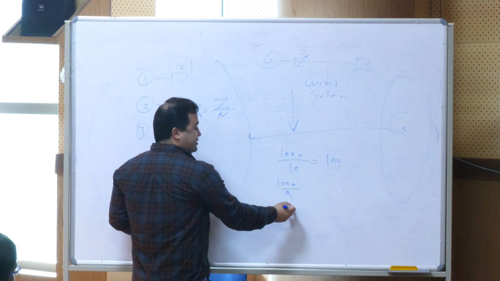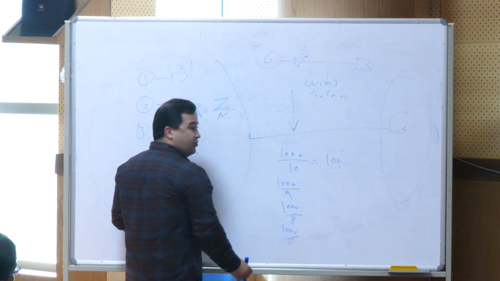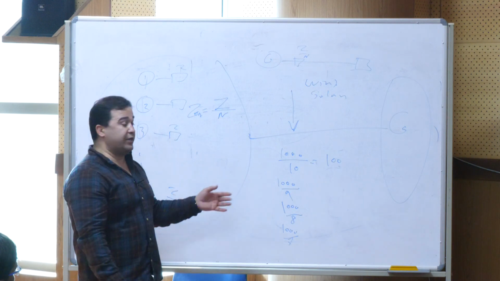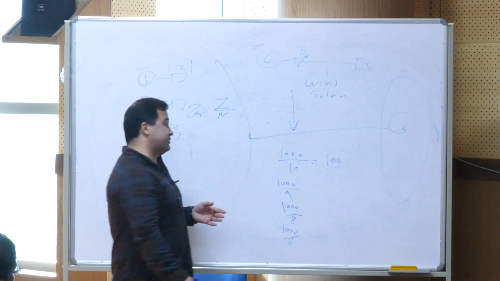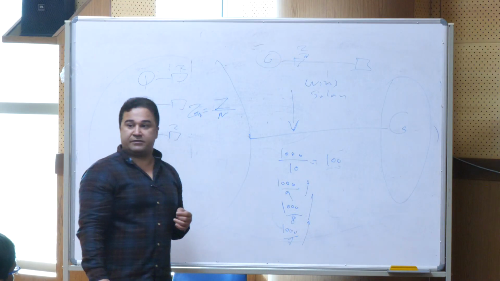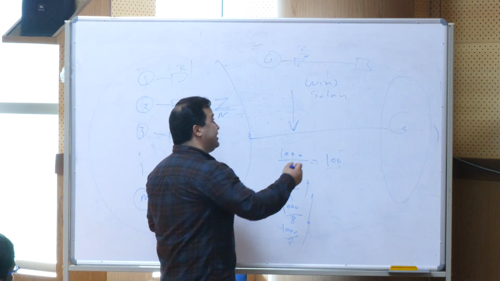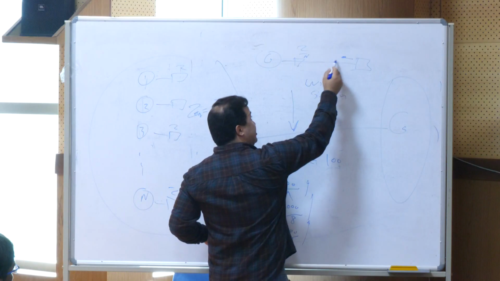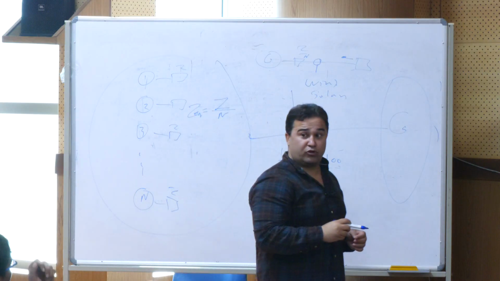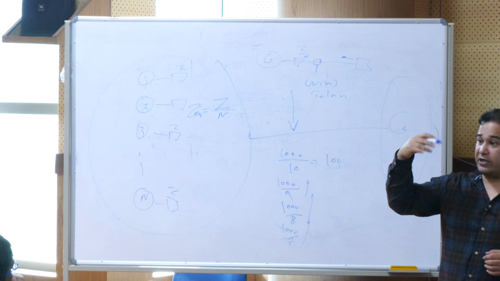Then again 1000 over 8, 1000 over 7. So you see that as much as we exclude the synchronous generators and include the renewable energies, the impedance is going up and up. When the impedance increases, the load changes have bigger impacts at the point of common coupling, and then the voltage or system will be more unstable.